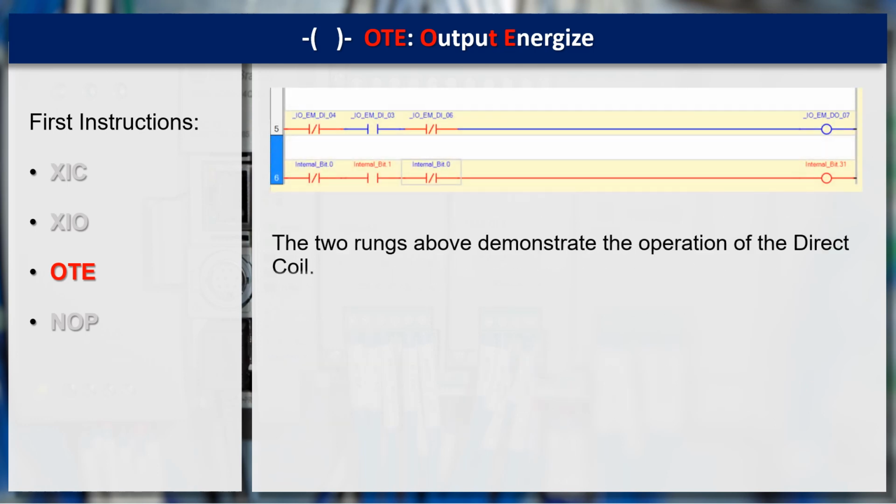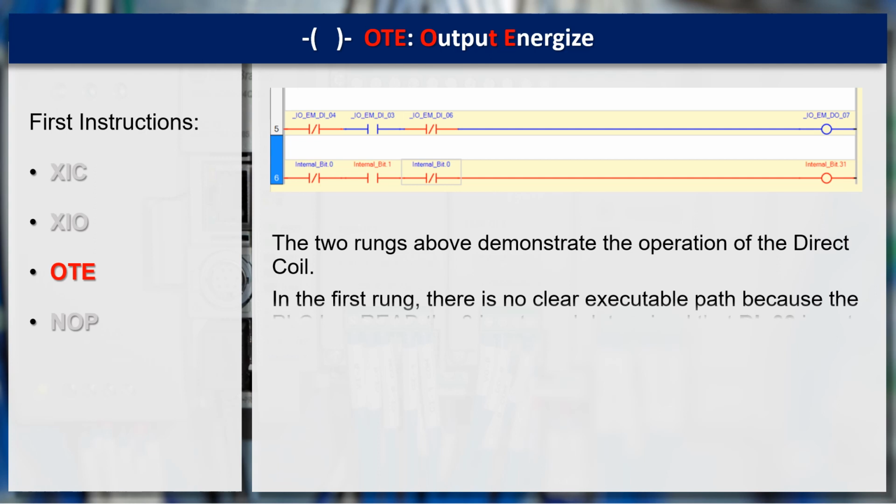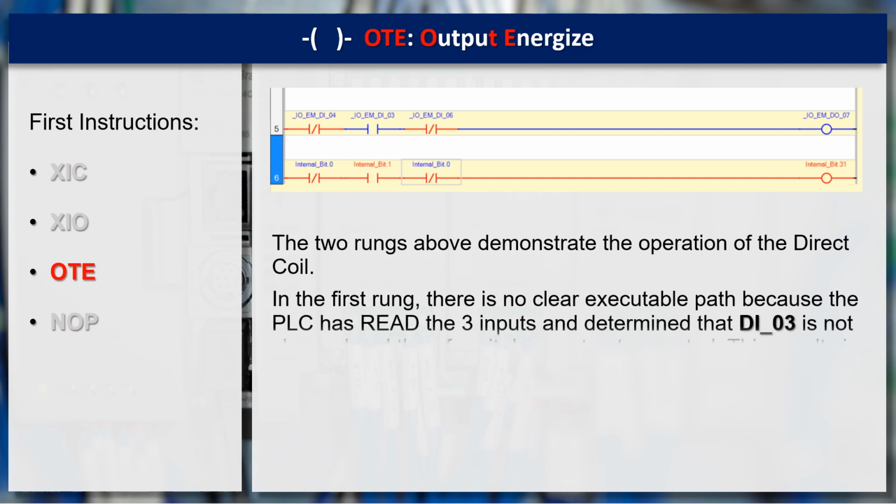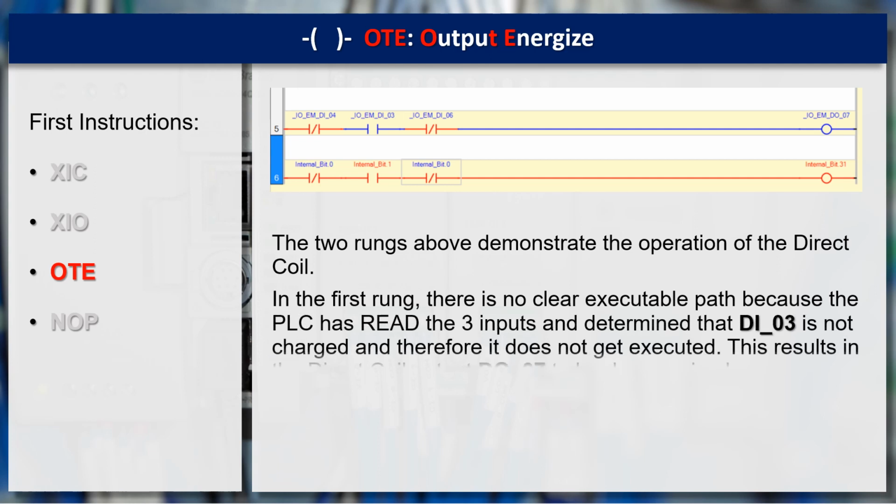The two rungs above demonstrate the operation of the direct coil. In the first rung, there is no clear executable path because the PLC has read the three inputs and determined that DI_03 is not charged and therefore does not get executed. This results in the direct coil output DO_07 being de-energized.